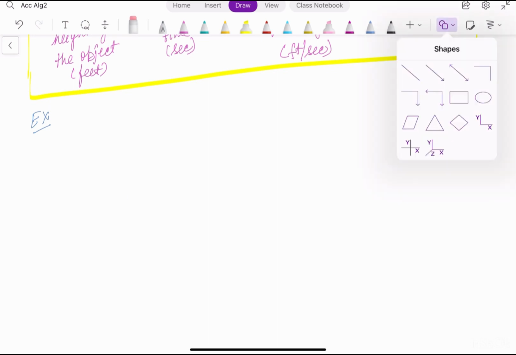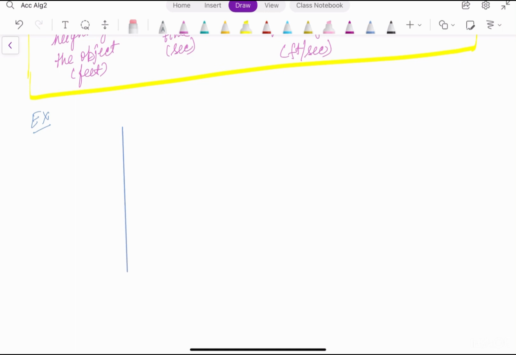Let's say it is a building or a height, and someone is standing on top of it, and that person dropped an object and it is falling on the ground. The height of this building is 196 feet.